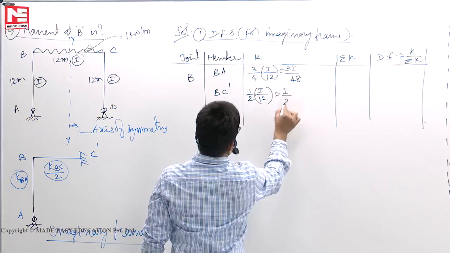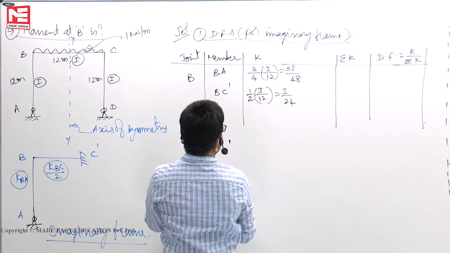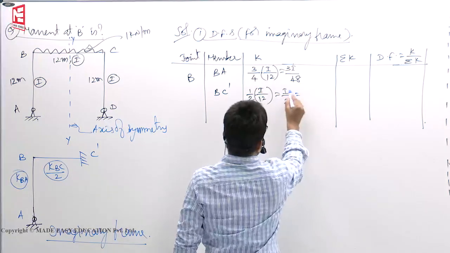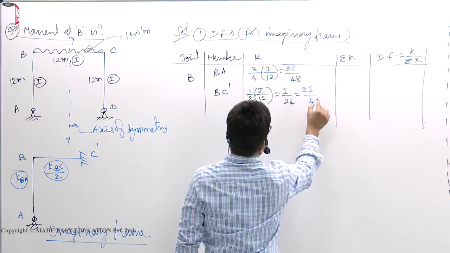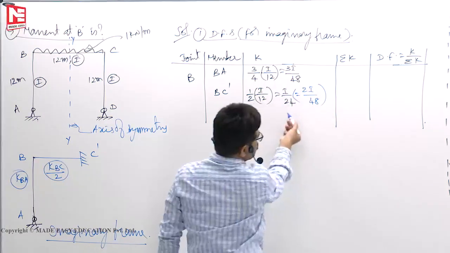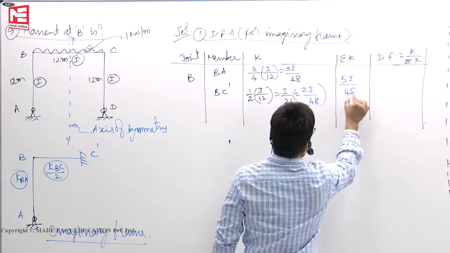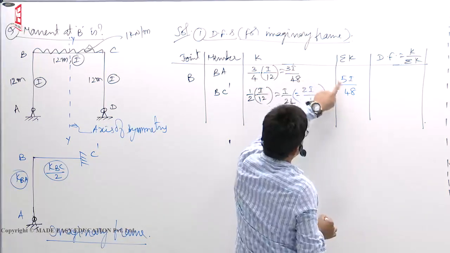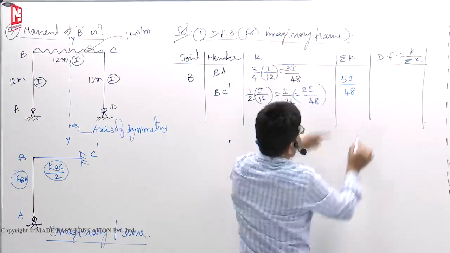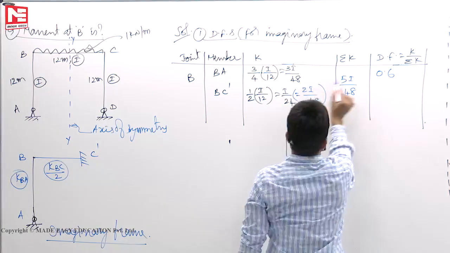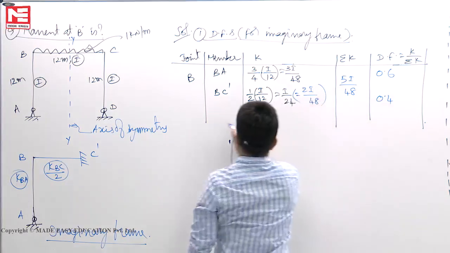So you will get I by 24. To match this and this, I by 24, I can write 2I by 48. Both are same. So 3 plus 2, 5. 5I by 48. Then this by this means I by 48 common. 3 by 5, 0.6. 2 by 5, 0.4.